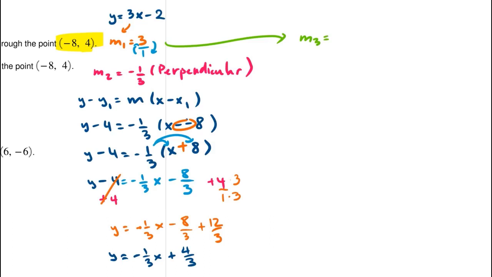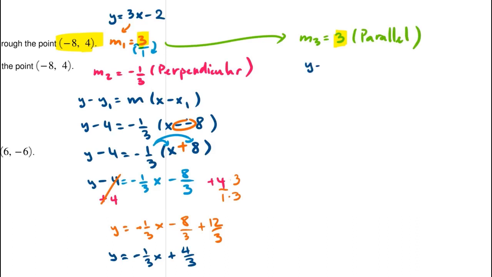So a parallel slope will have exactly the same pattern, the same number. M3 is also 3 because M1 is 3. They are parallel. Okay, one more time. Two lines are parallel when they rise and run in the same pattern.